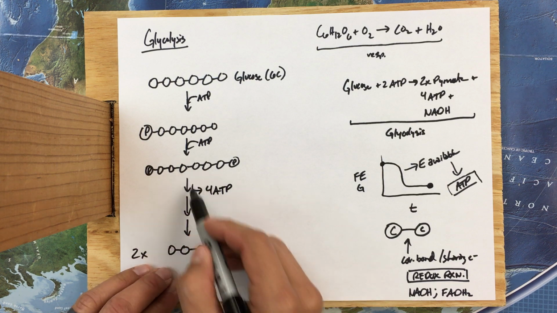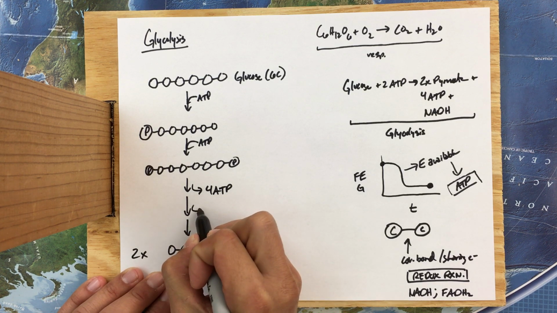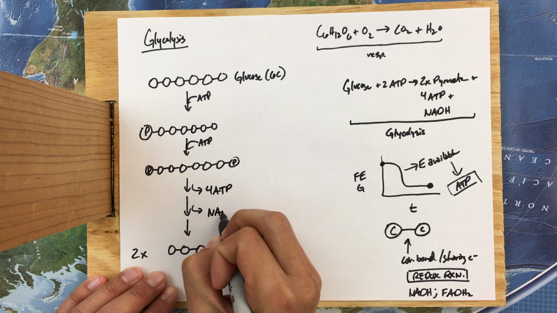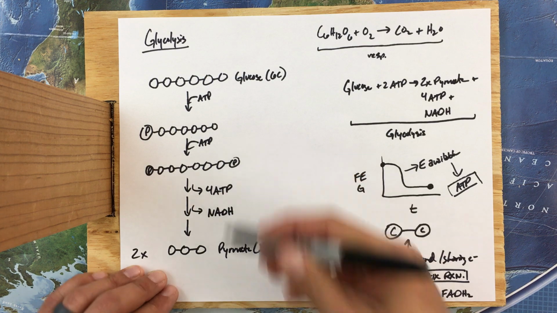And also, since we broke that bond, that means that one of those electrons could have been pulled away and used somewhere else in the cell. And so we're also going to create molecules of NADH. ATP can just be used for energy right away.